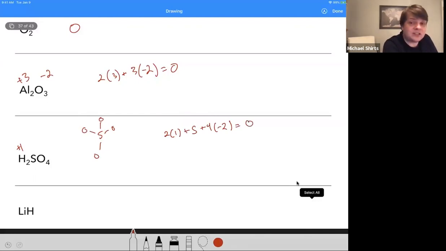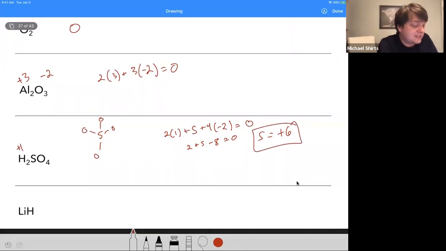We just do algebra: 2 + S - 8 = 0, which leads to S = +6. So the oxidation state of sulfur is +6, and that all adds up because 2 plus 6 is equal to 8.